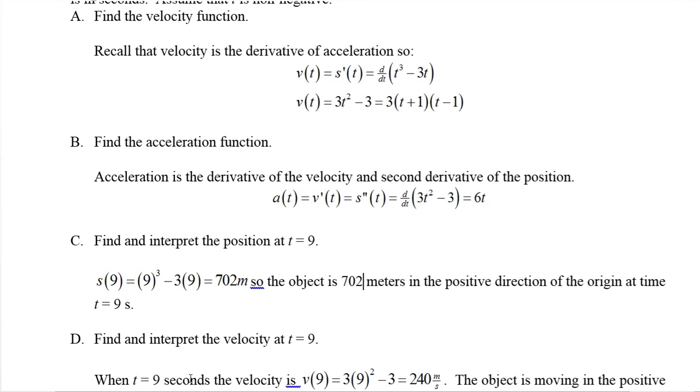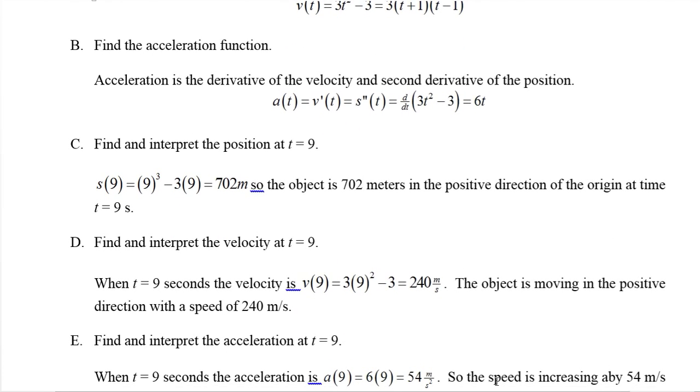What's the velocity at t equals 9? Take the velocity formula, 3t squared minus 3, plug in 9 for t, and that's 240 meters per second. So it's moving in the positive direction with a speed of 240 meters per second. How about the acceleration?